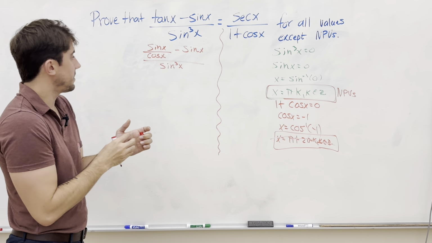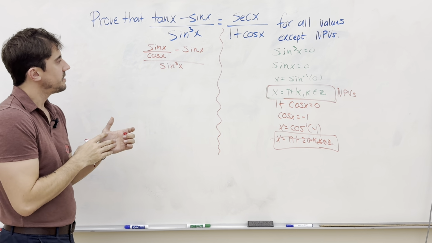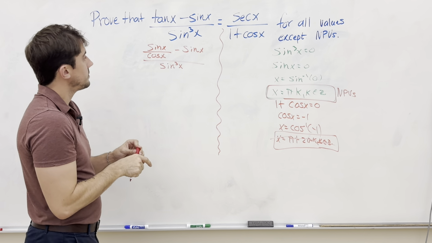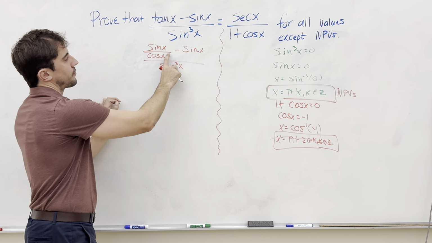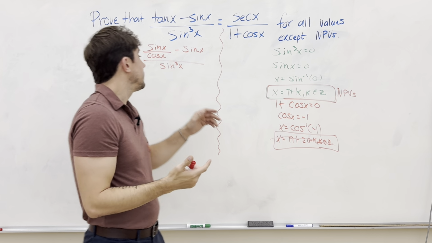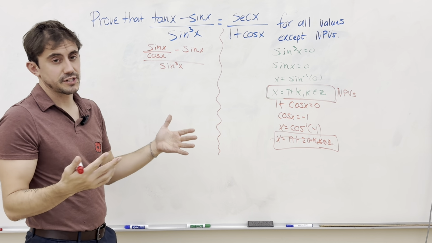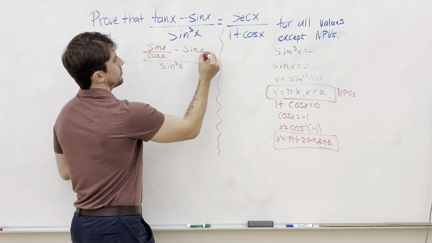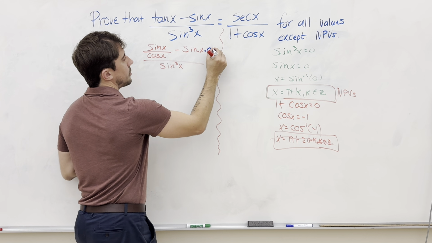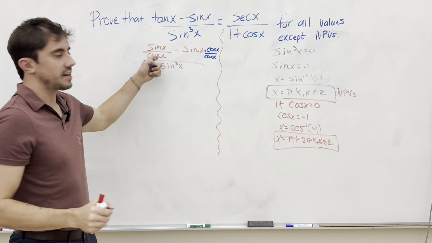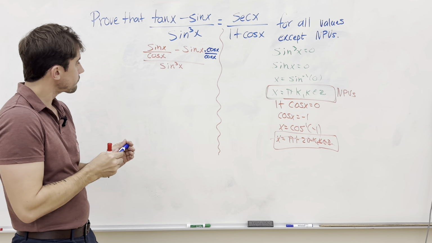I like writing my tans and my cotans if they were there in terms of sine and cos. Now, in the numerator, we're having a fraction minus a non-fractional term, let's say. To combine them together, we need a common denominator. So to get our common denominator, let's multiply this by cos x over cos x, right, to get our common denominator.